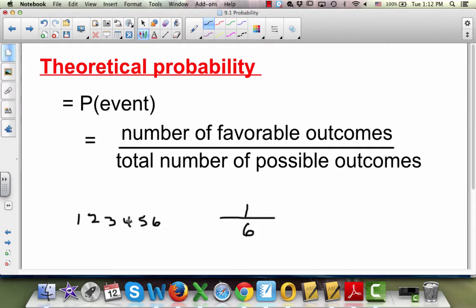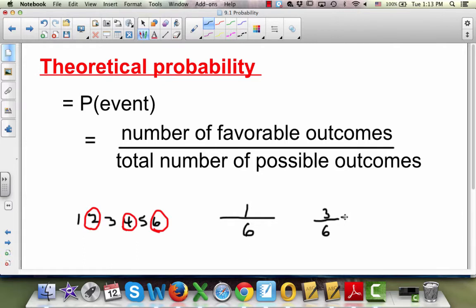Now, what if I told you I wanted to roll an even number? Well, there's still a possible roll of 6 items, so the possible outcomes on the bottom is 6. The even numbers are 2, 4, and 6, so the ones that would be favorable, or the ones that I would want, are 2, 4, and 6, which are 3 items.